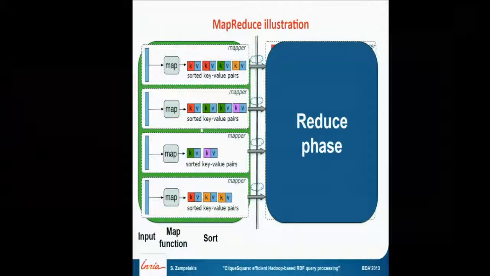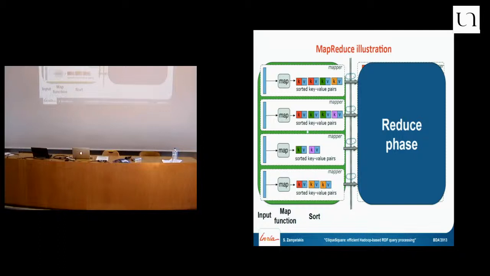In the map phase, we divide the input into smaller inputs, and we assign them to different tasks. So each different task handles its own input. Then we do some processing on the data in the map function, and then we create some key value pairs.